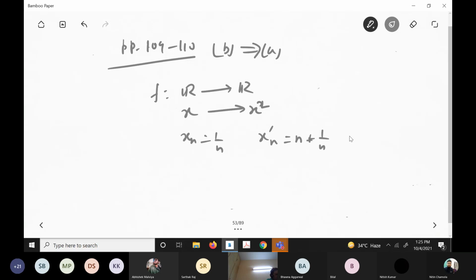Now look, this is asymptotic. But if you take the squares, x_n squared minus x'_n squared, how much will it come to? The 1 by n squared will cancel.